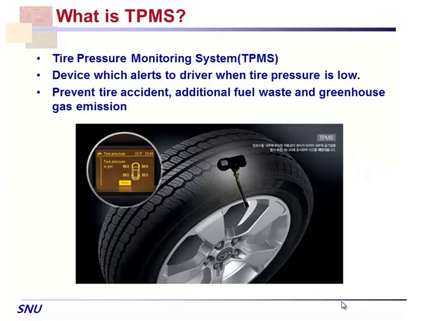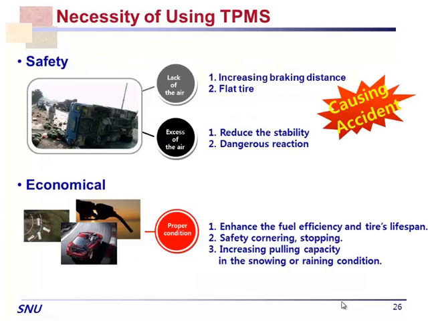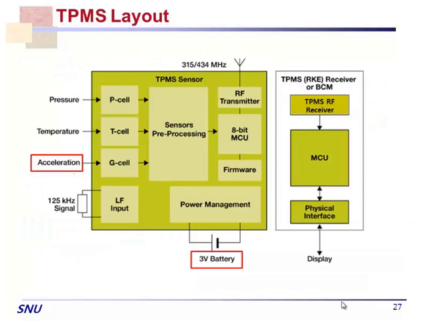And the second thing is the accelerometer for the TPMS. I guess you know what TPMS is and why it's useful, so I'll just skip it. Usually a TPMS has a pressure monitoring cell, and temperature and acceleration for the calibration.